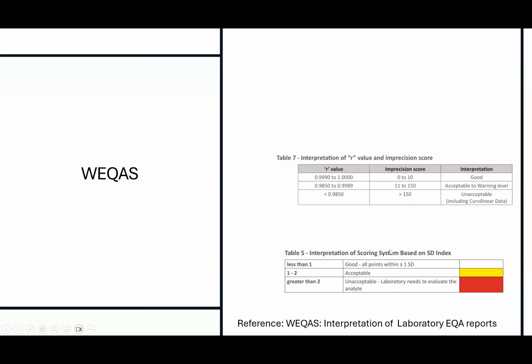So again, they make it very clear to you what your score is, and also how you interpret that score. And then they also look at inaccuracy as well. So that's just an example of different types of schemes and how they may present their data differently.